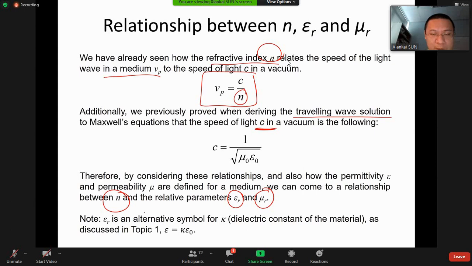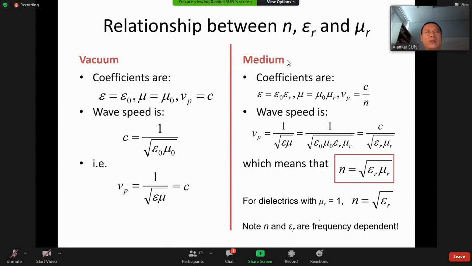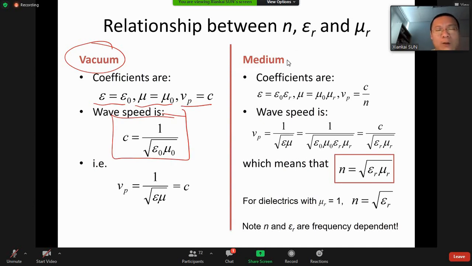Just for information, epsilon r is the relative permittivity and is an alternative symbol for kappa, which we introduced for the dielectric constant of the material. In vacuum, we have epsilon equal to epsilon naught, mu equal to mu naught, and Vp equal to c. The wave speed is 1 over the square root of mu naught epsilon naught. Therefore Vp is equal to 1 over the square root of epsilon mu, equal to c.